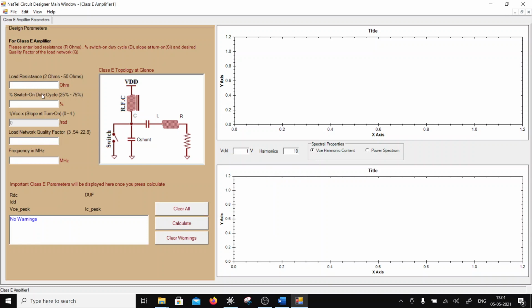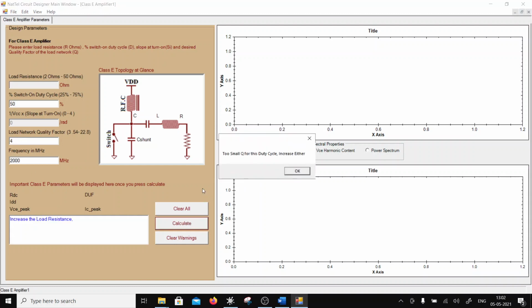So let's say load resistance is 1, switch on duty cycle is 50. There are certain restrictions on this, so let's see, Q of 4, and I'm going to design it for 2 gigahertz. That's strange. Too small Q for this duty cycle, increase either, okay, or rather increase the resistance, because this is 1 ohm, right?